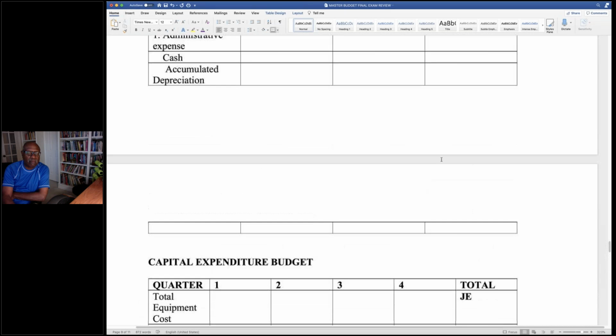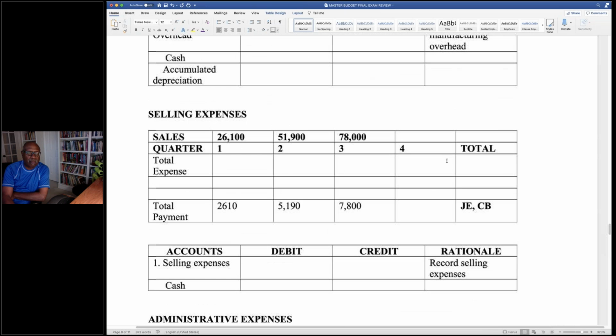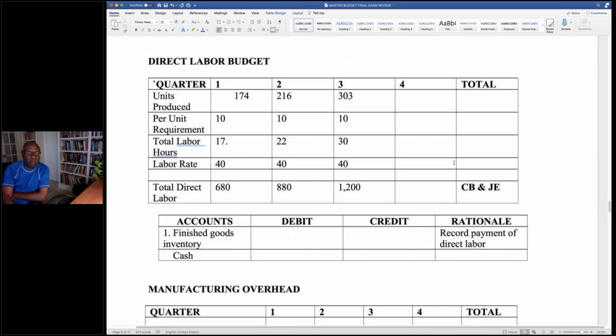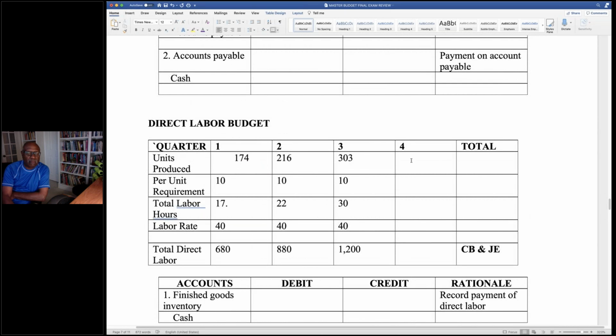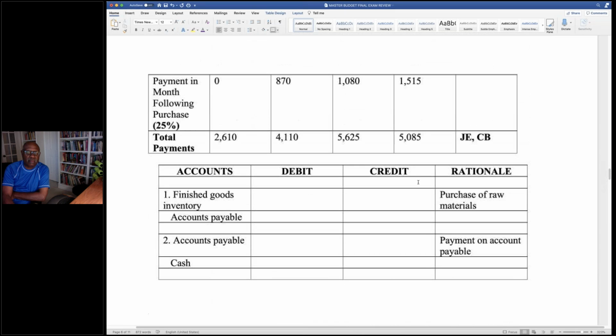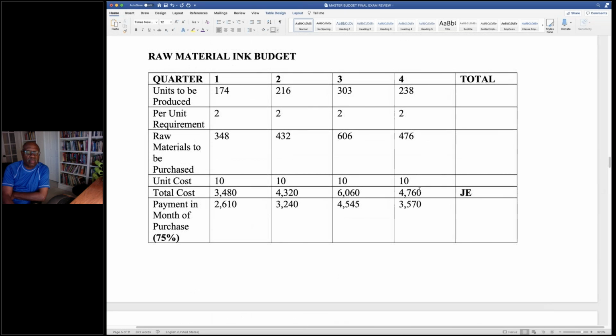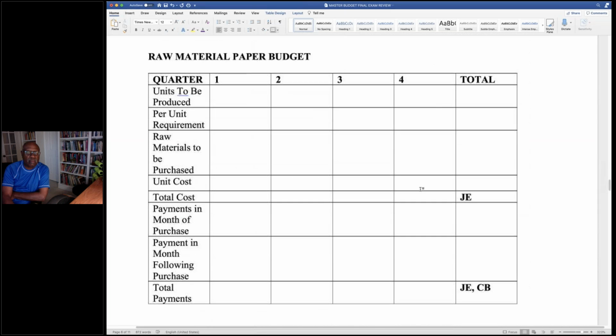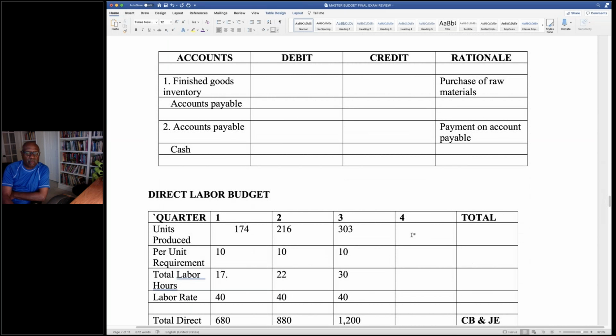Yeah. What numbers are going to go in here? $238. Okay, you still have it? My thing, I don't know what happened. I can't. All right.